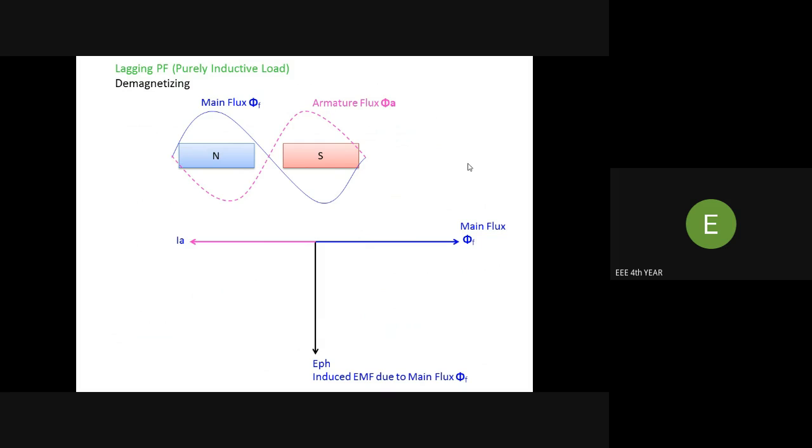Due to the induced EMF, a current flows through the armature winding. It is lagging with respect to voltage due to the inductive coil. Due to the armature current, the coil produces an armature flux. Here the armature flux is totally opposite to the main field flux. That's why it is called a demagnetization effect in an inductive coil.